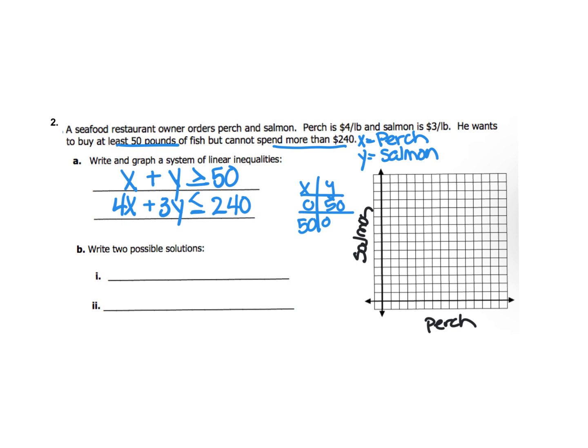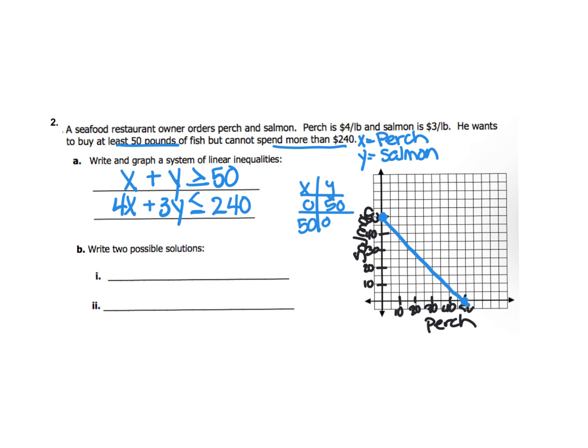Then let's go by 5, so we'll mark it at 10, 20, and we'll do the same thing going over to the side on the x-axis. So we've got 0, 50, and then we have 50, 0. So it's going to be a solid line.